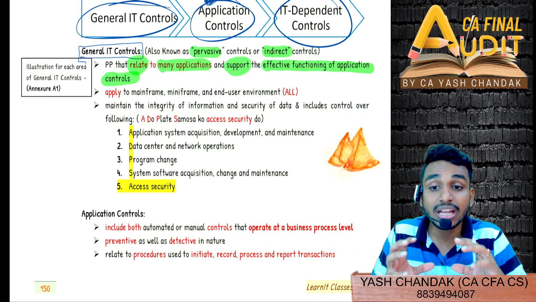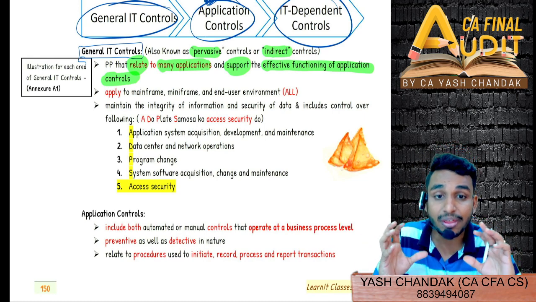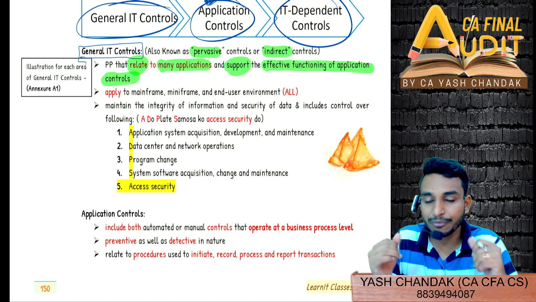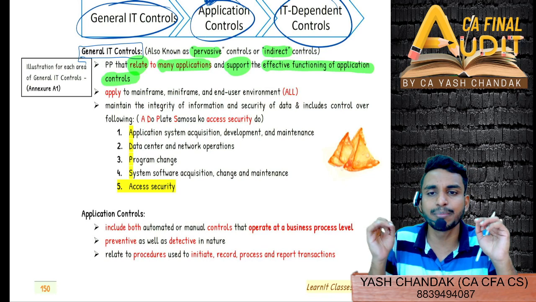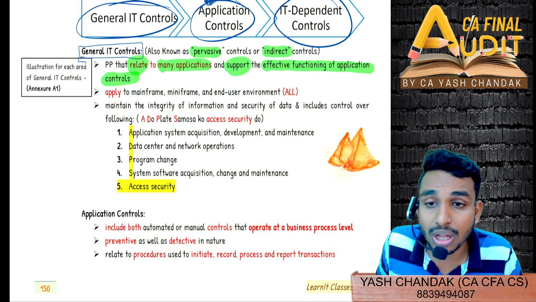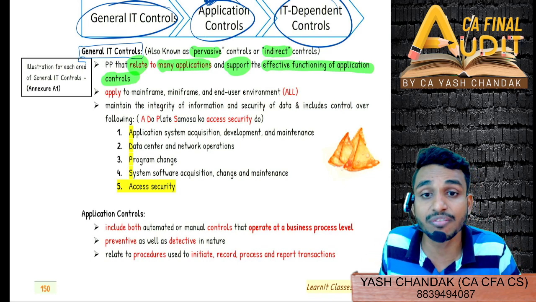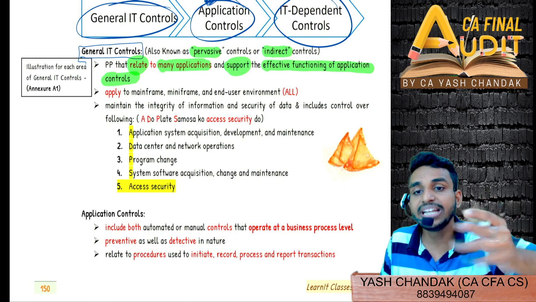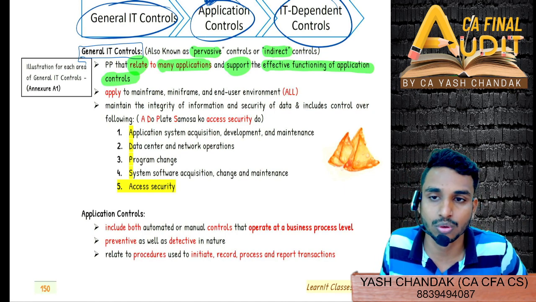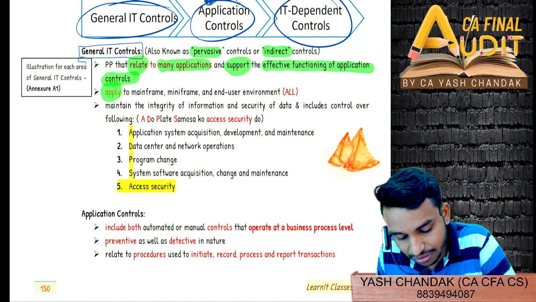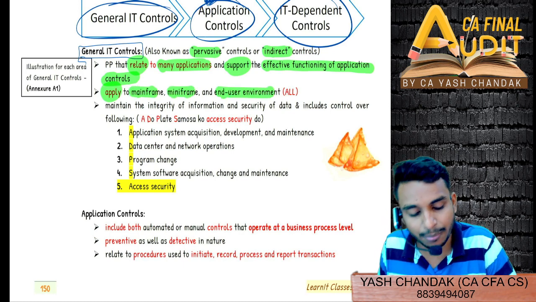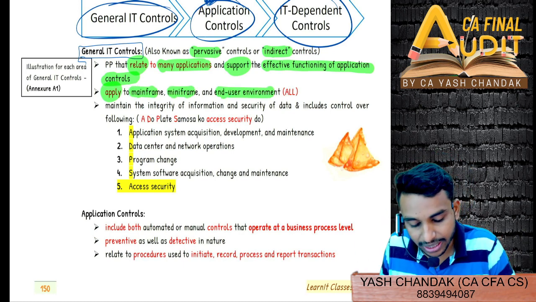These are all general controls which apply to all applications, be it an accounting application, designing application, any application. They support the effective functioning of application controls also. And therefore this will apply to mainframe, miniframe, end user environment, everyone.